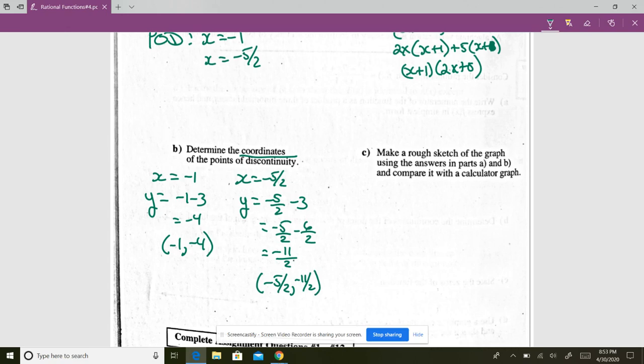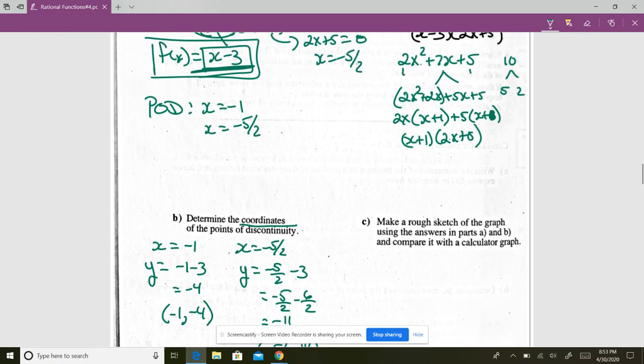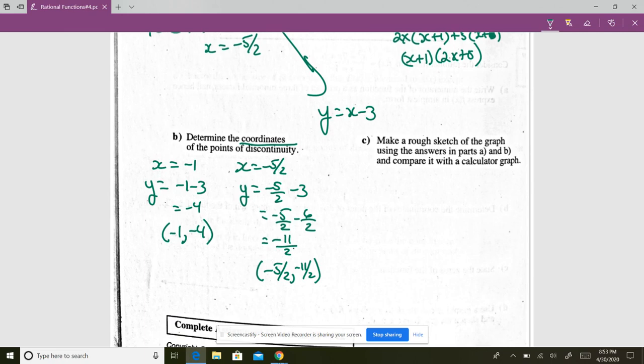All right, and then we're graphing x minus 3. Let's write it down here. Remember, it's mx plus b, so my slope is 1, and my y-intercept is negative 3. Y-intercept of negative 3.